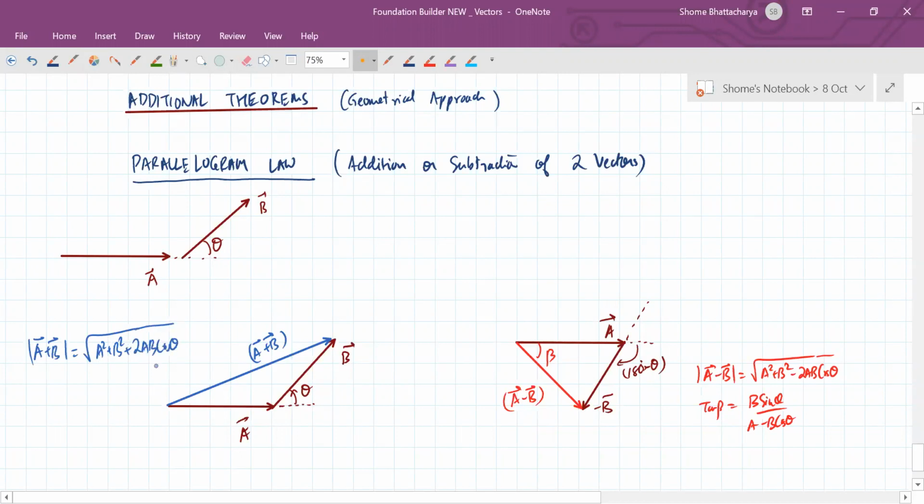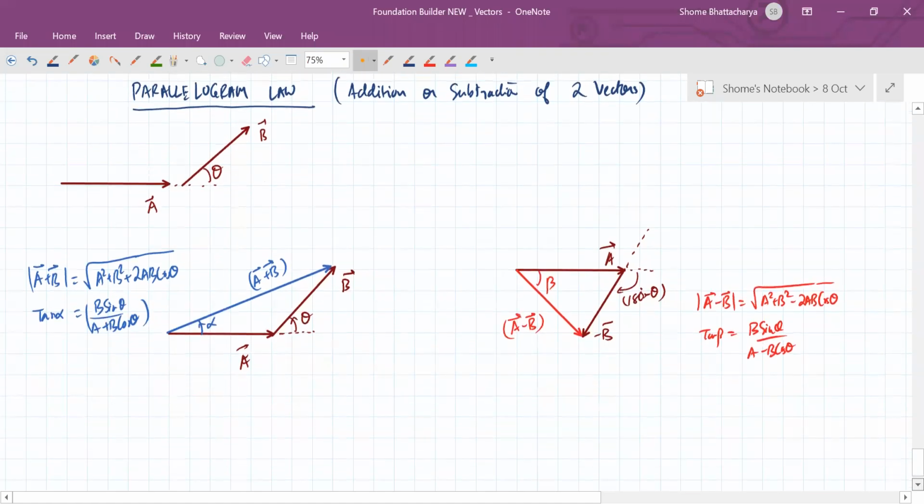And similarly we had a formula for this angle over here. So before that let's look at the completion of these formulae. Tan alpha was B sine theta upon A plus B cos theta. So these formulae and these triangles are well known to us.